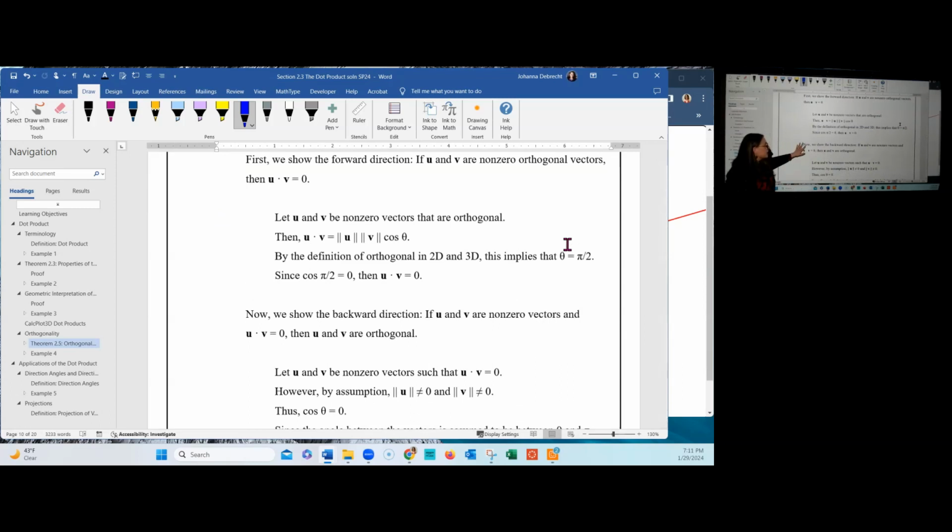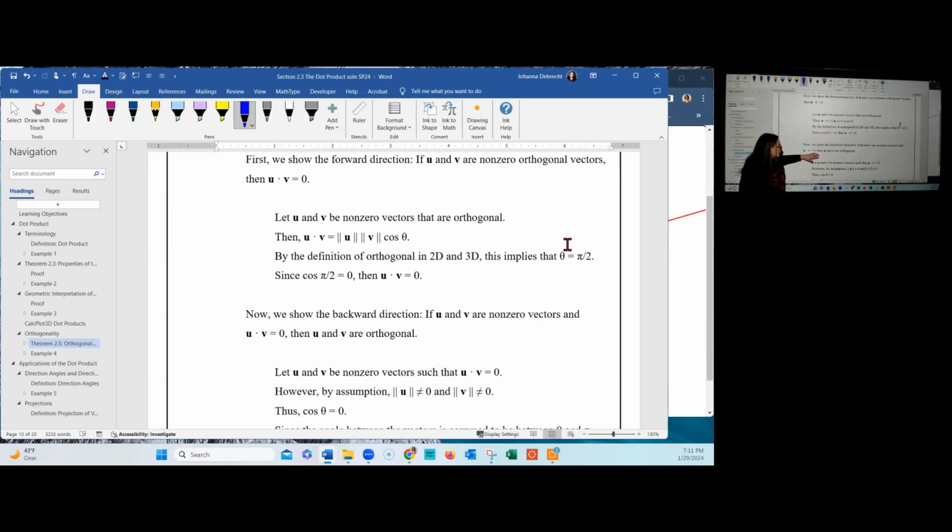All right, now we want to go in the backward direction. Suppose we have u and v and they're non-zero vectors and u dot v is 0. Can we prove that u and v are orthogonal? So we've shown that if they're orthogonal, based on this definition, orthogonal means the angle is pi over 2. These aren't 0, and this is going to be 0, which proves that the dot product is 0.